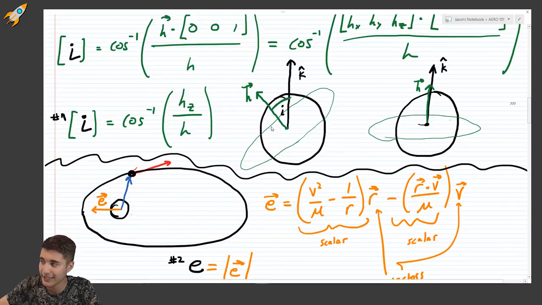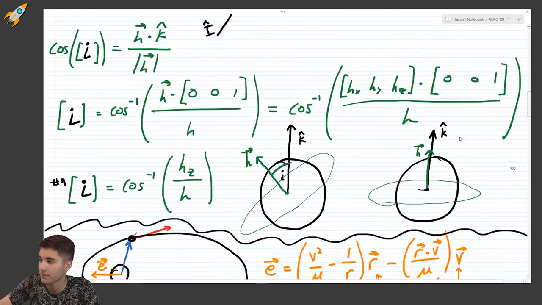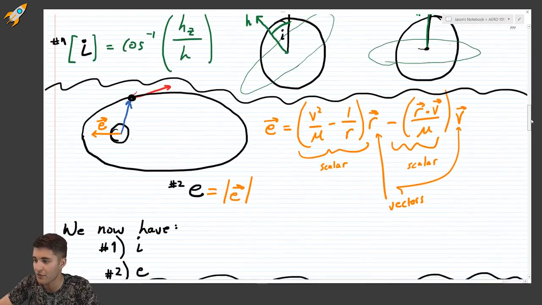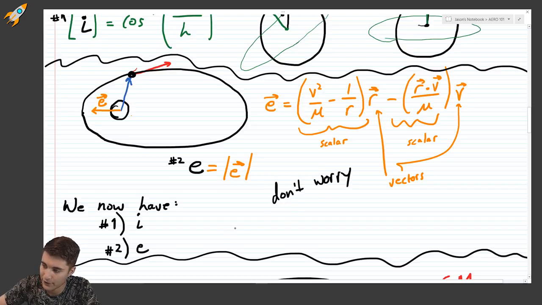We started with inclination, what this value is. Clearly, inclination has a significance as to how tilted your orbit is. And then we went into eccentricity, which is how eccentric or elliptical your orbit is. I gave you this equation, and I basically said, don't worry about derivation.